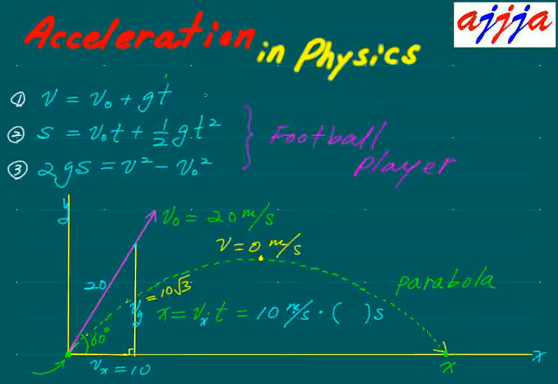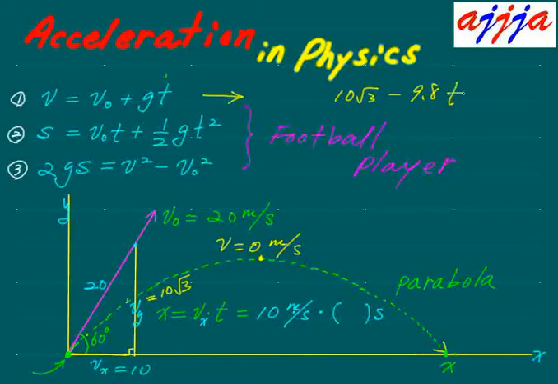That means we can use this formula right here. The initial velocity is 10 square root 3, plus, since this one is going up, we use negative 9.8 meters per second squared. That's g, gravitational acceleration.